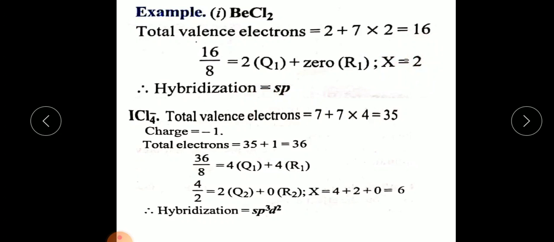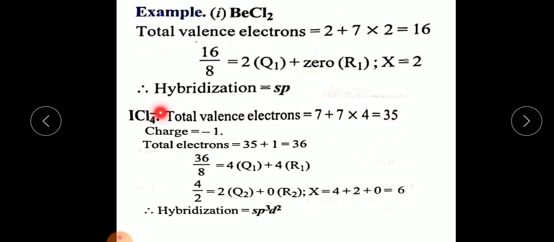Similarly, take ICl4 minus, which is a negative ion. First, the total number of valence electrons: since both are halogens, they have 7 electrons in the outermost shell. So 7 into 1, because there is only one iodine atom. Chlorine we have 4, so 7 into 4 is 28, plus 7 comes to 35.